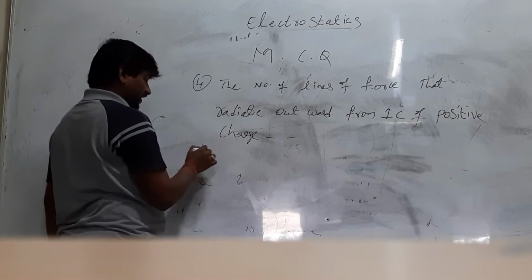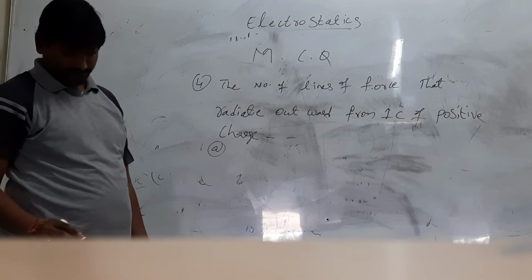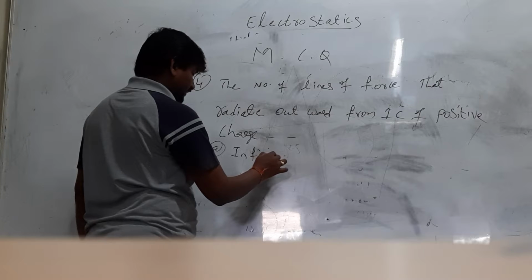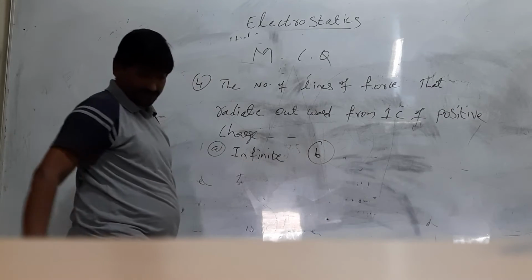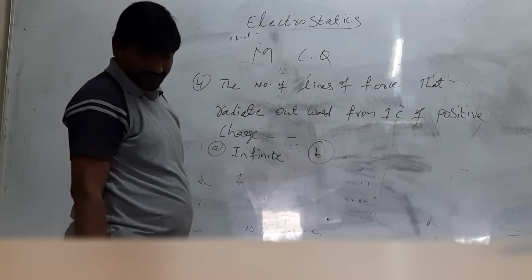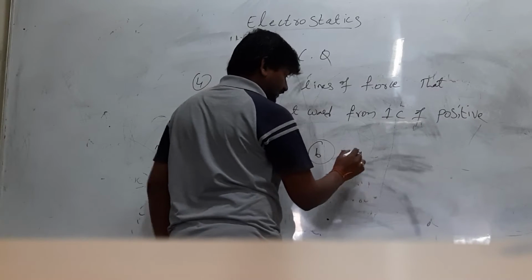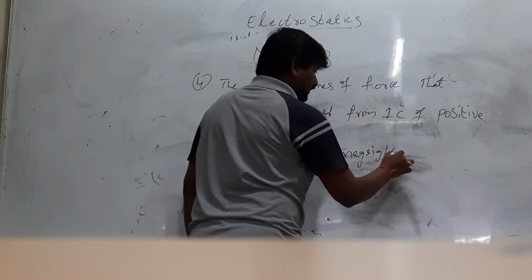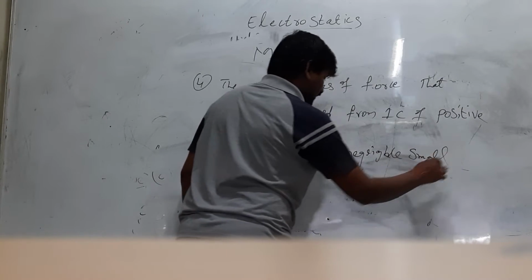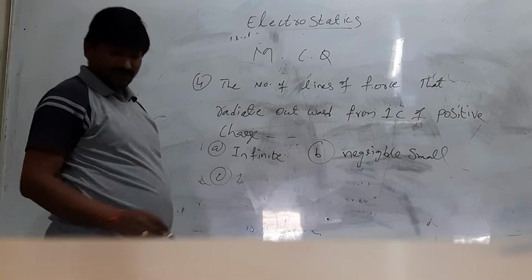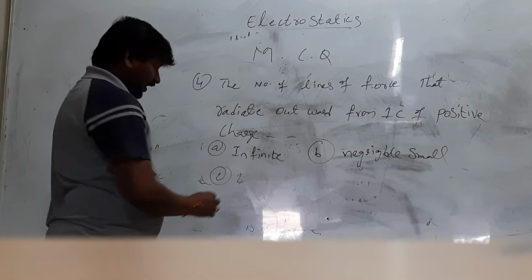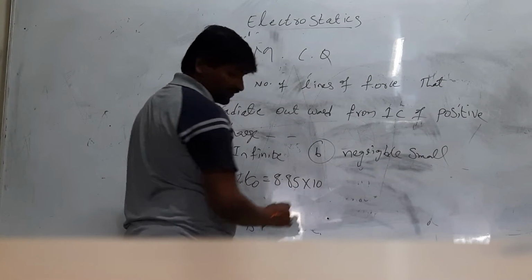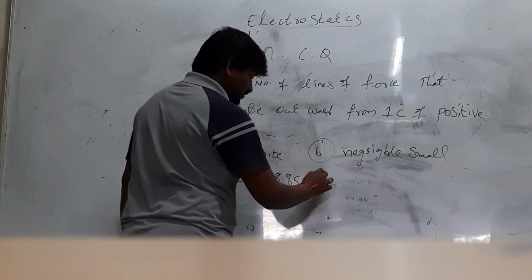Let us check what the given options for this question are. Option A is infinite, and option B is negligibly small. Option C is epsilon naught. What is the value of epsilon naught? 8.85 into 10 to the power of minus 12.